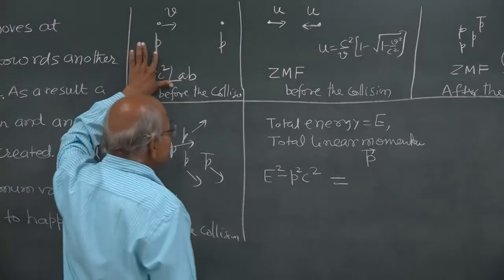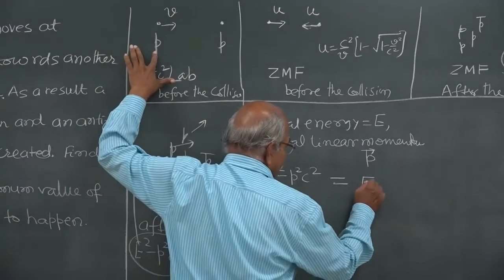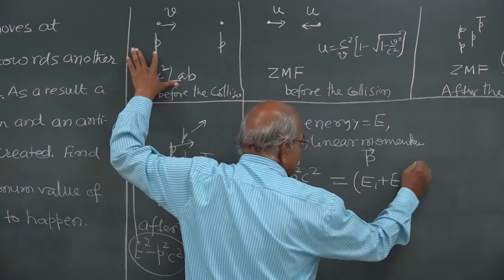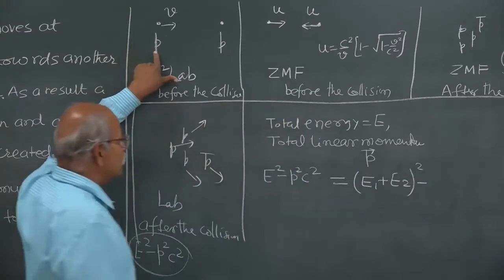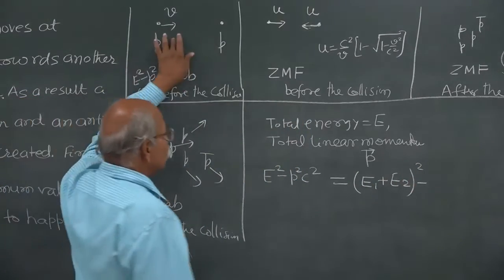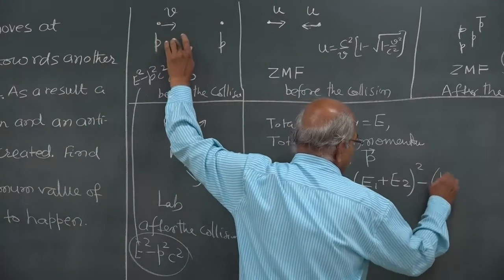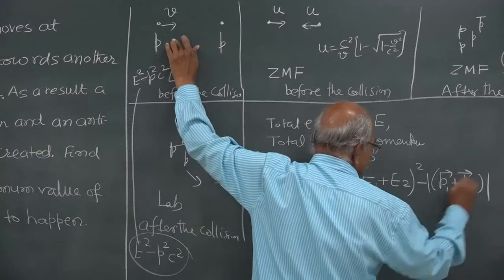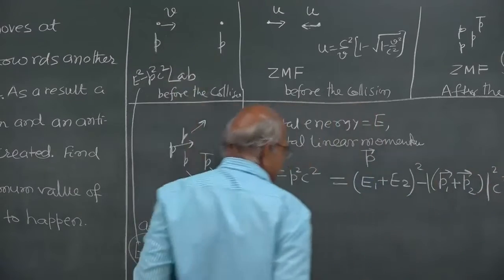So, what is E? Now you have two particles. So, you have E1 plus E2 square and minus P. P is again a combination of these two, P1 plus P2. Here P2 is 0, this is square C square, that is the quantity.